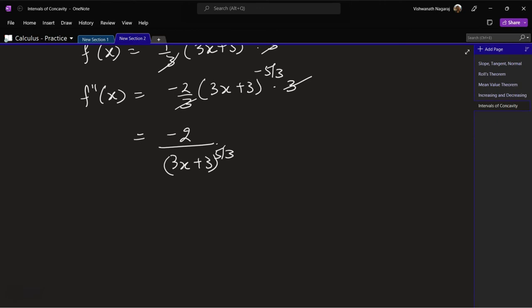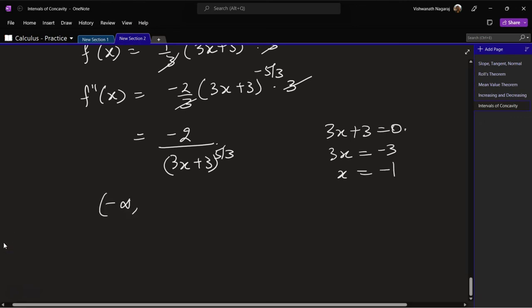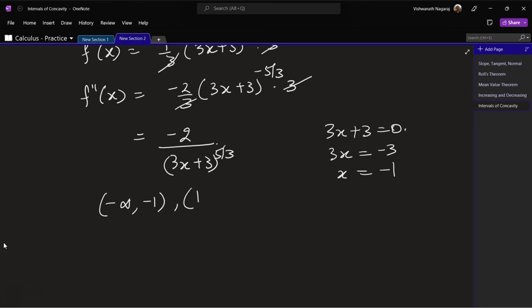But something funny is happening at 3x + 3 equal to 0. So 3x + 3 equal to 0 means x equal to -1. The intervals will be minus infinity to -1 and -1 to infinity.